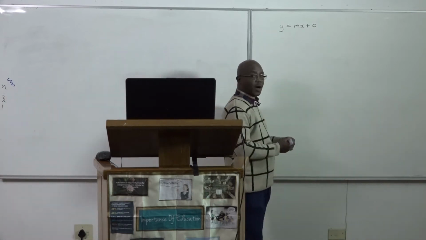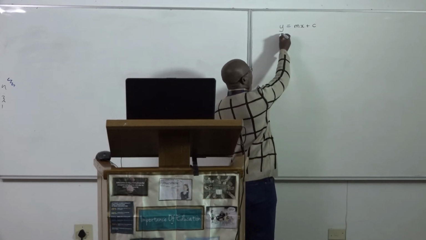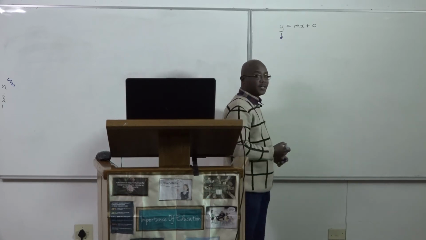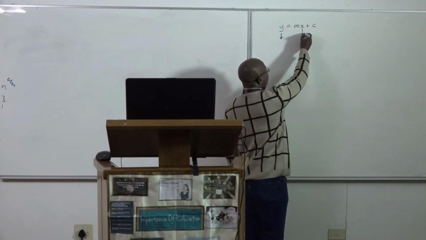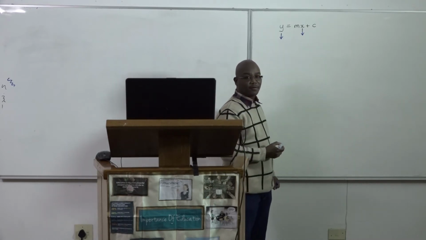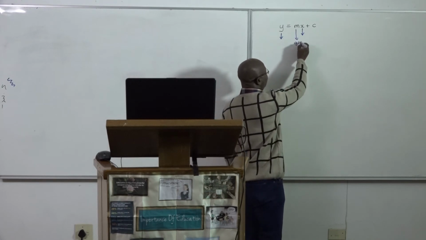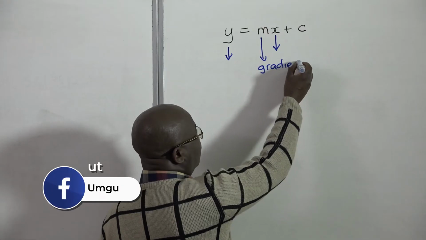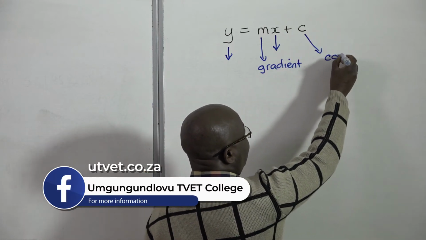Now, the equation y is equal to mx plus c. This y is the y component of the coordinate, and the x, it is the x component of the coordinate. m, it is the gradient. And c, it is a constant.